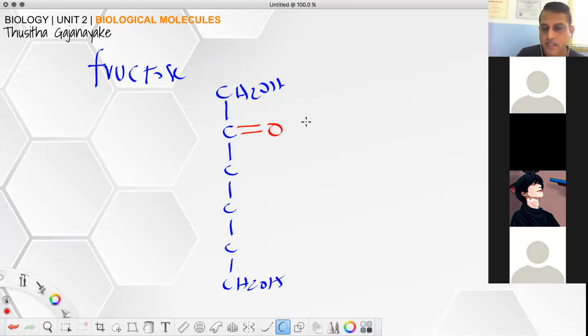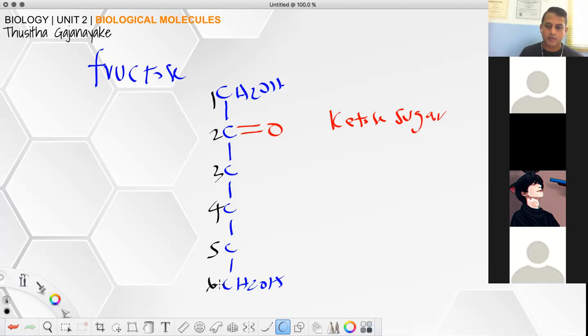As a result, this is a ketose sugar, because the carbonyl functional group is in the second carbon.